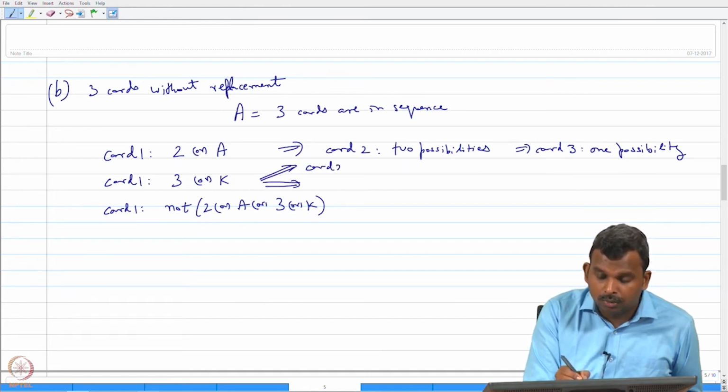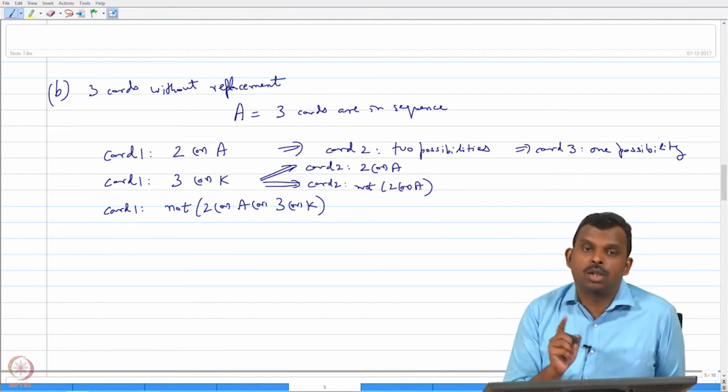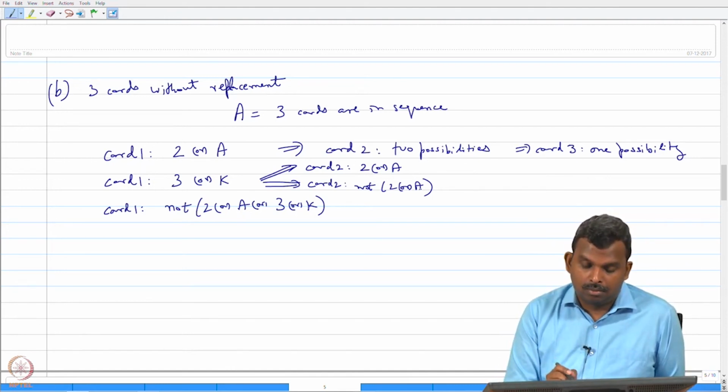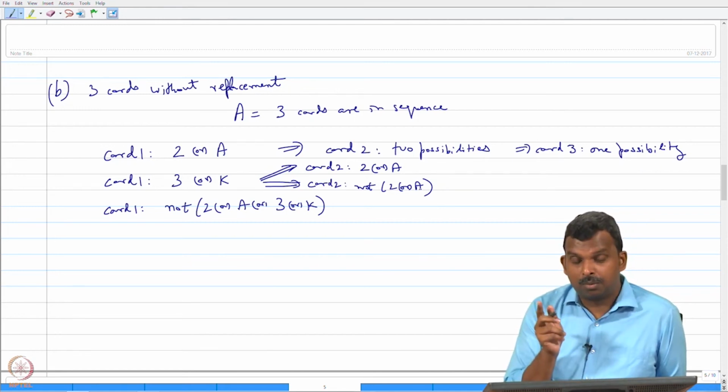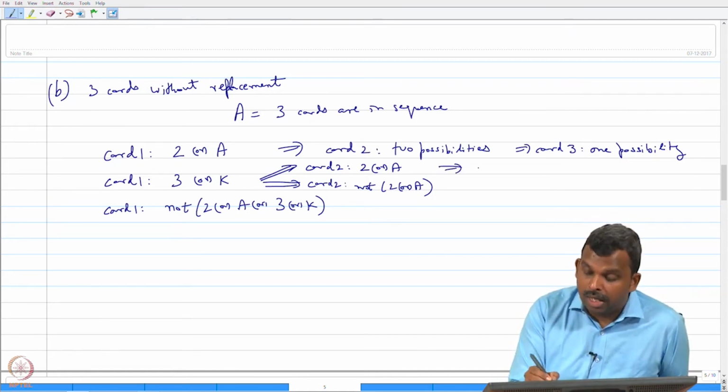Card 2 is 2 or ace, and card 2 is not 2 or ace. So, if card 1 is 3 or king, you can have situations where card 2 could be 2 or ace. If card 2 is 2 or ace, then you have card 3 being only one possibility.